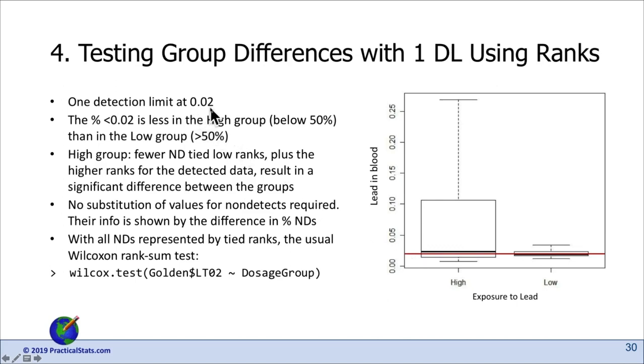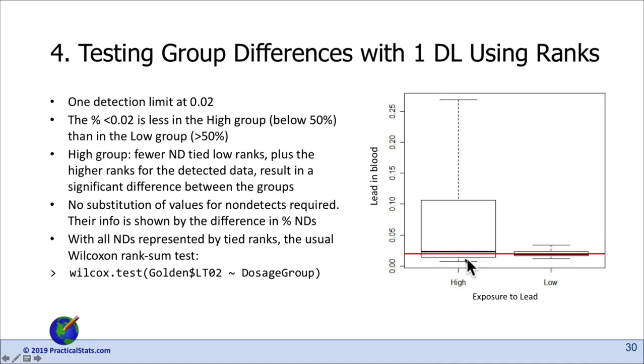This detection limit is at 0.02. The percent less than 0.02, that's the information. That percentage in the high group here is less than it is over to the right, the percentage of that data set in the low group. In other words, I can see the median here in the high group. In the box plot, it's above the detection limit.